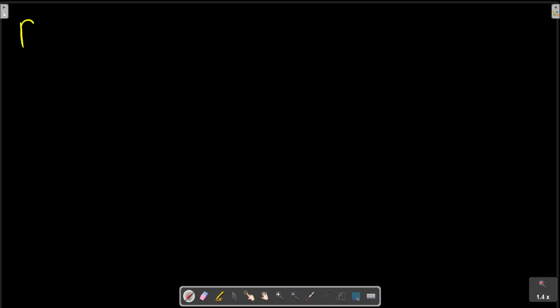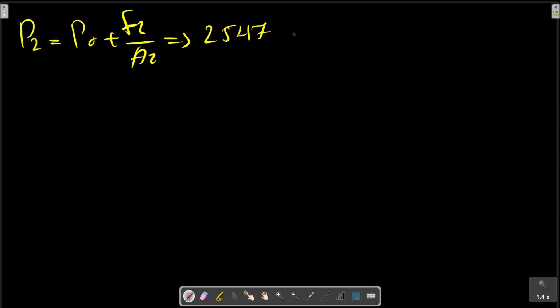The pressure at the second point, P2, should equal P0 plus F2 over A2. We just calculated the pressure at point 2, equal to P0 in kilopascal plus F2 in kilonewton over A2.